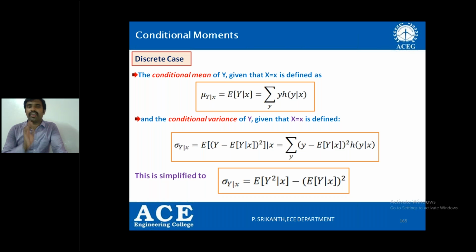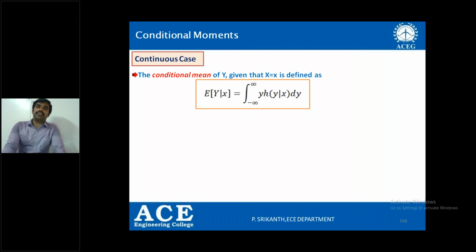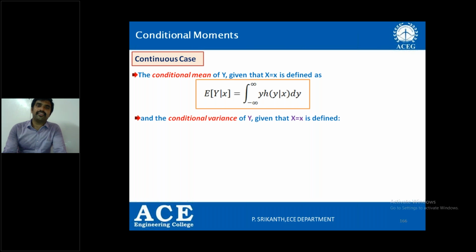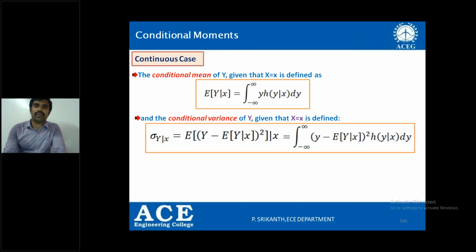Or in the simple way, sigma y given x square equals variance, right? Continuous case, how do you write? Continuous case, instead of summation we take integration, right? Integral minus infinity to plus infinity y into h of y given x dy, right? Similarly variance also in the integration form, right?